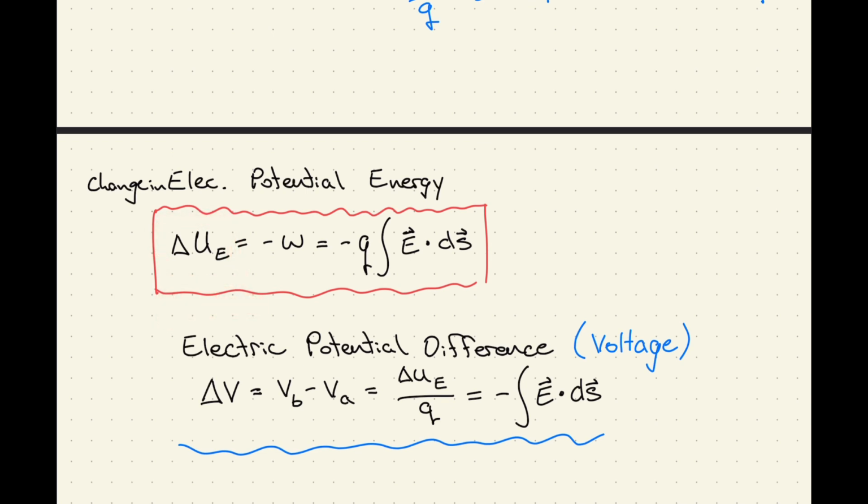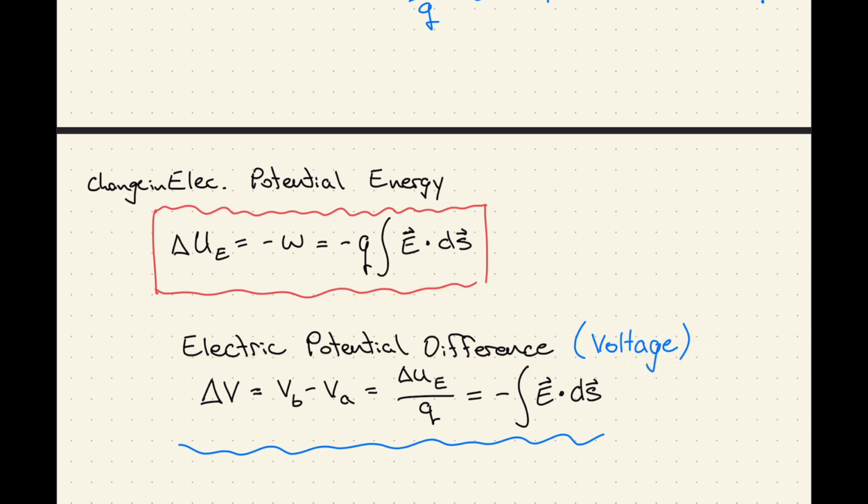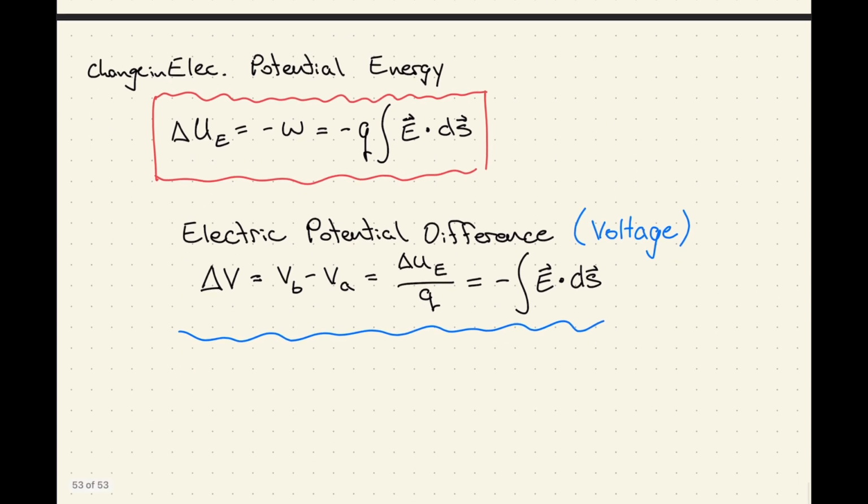You can equate it to work in this sense, and electric potential energy is equal to this equation, force times distance. Electric potential difference, or voltage, this is how chapter 24 slowly leads into circuits, because this is a definition of voltage. Electric potential difference has this equation, which does not have units of joules. This is not the same thing as energy. The units of this guy are actually volts.